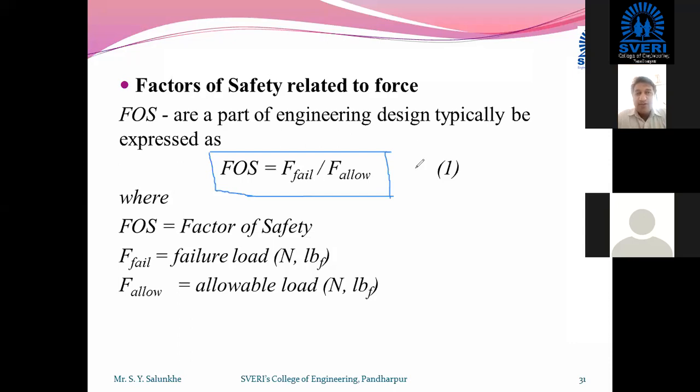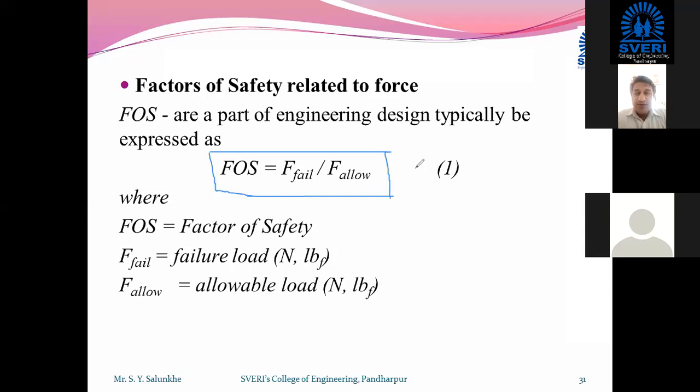Nowadays we are not using the pound unit. We are using SI units. But if we use British units, then also we can say the load is applied in pounds. So forget about that pound. Force is measured in Newton.